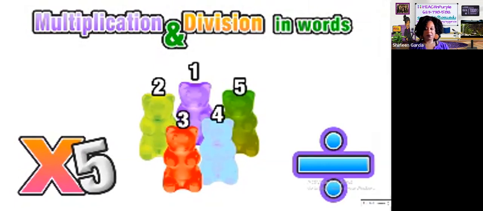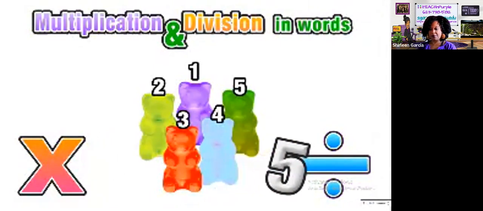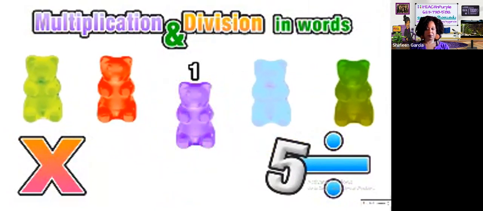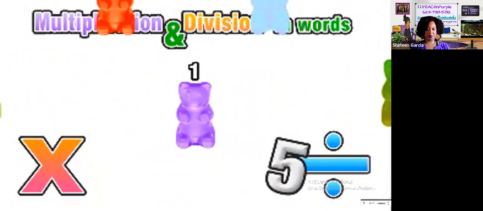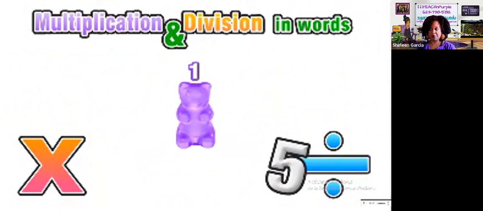Now, the inverse operation would be to divide this new group of gummy bears by 5, and 5 divided by 5 is just 1. So those 4 other gummy bears are gone, and what we are left with is the one gummy bear that we started with. And this example should help us to understand this relationship between multiplication and division, that they are inverse operations.